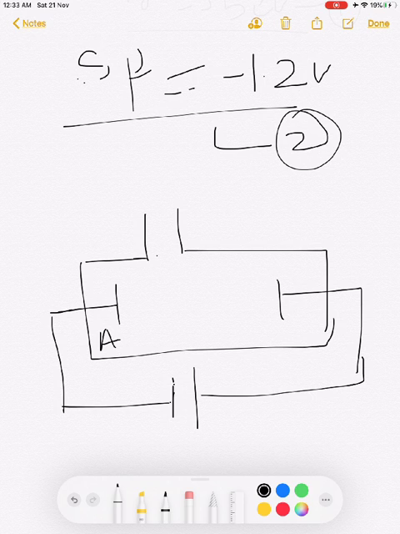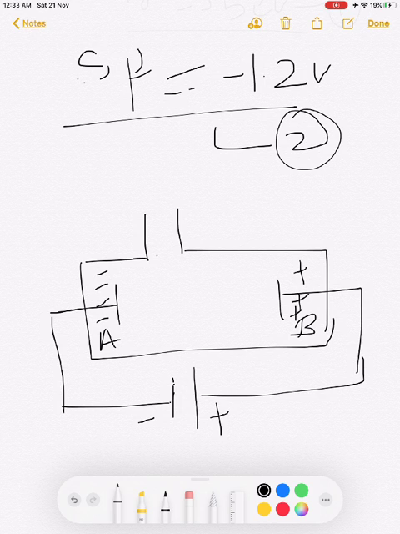Here are the A and B electrodes. When this is the negative terminal and this is the positive terminal, plate A gets negatively charged and plate B gets positively charged.